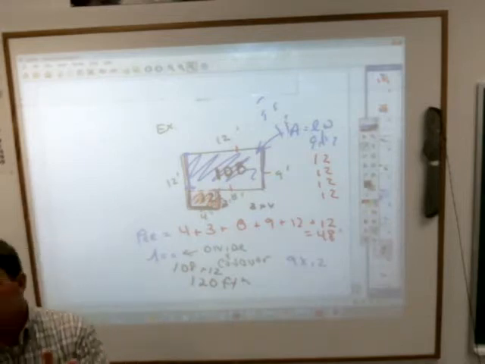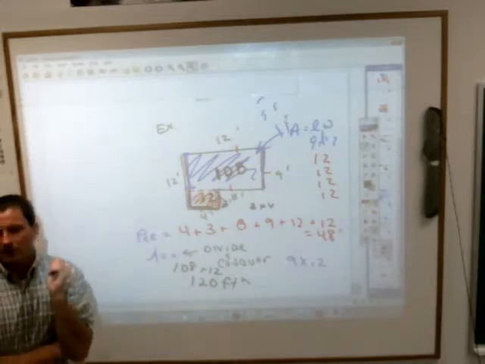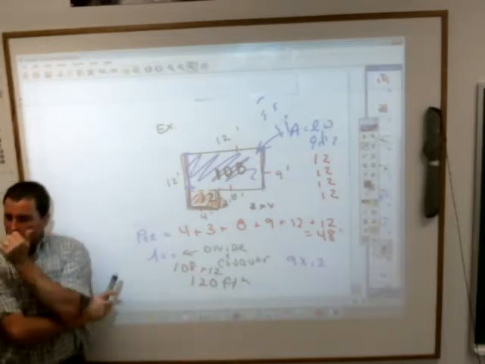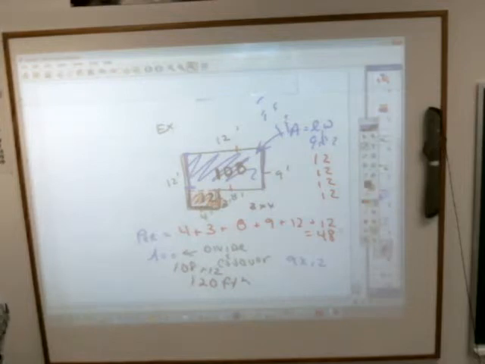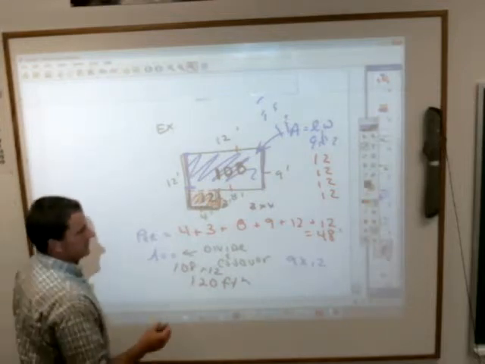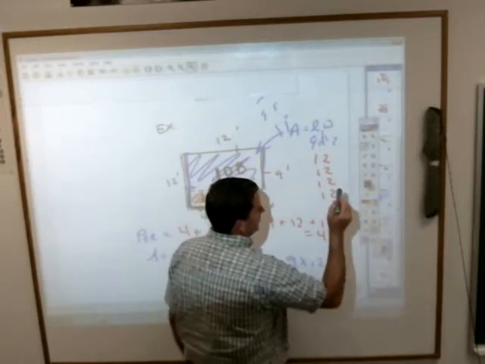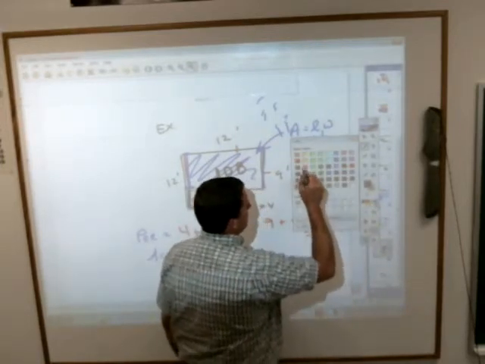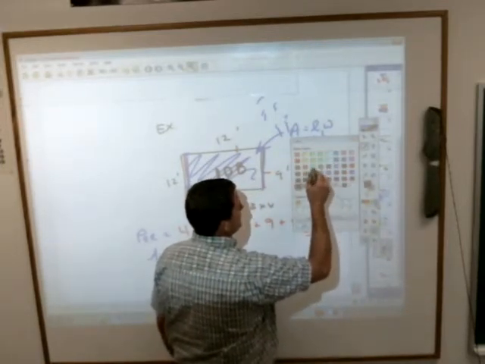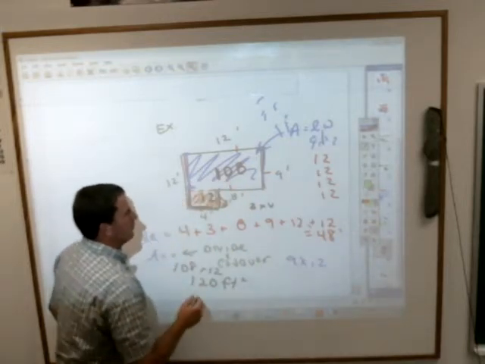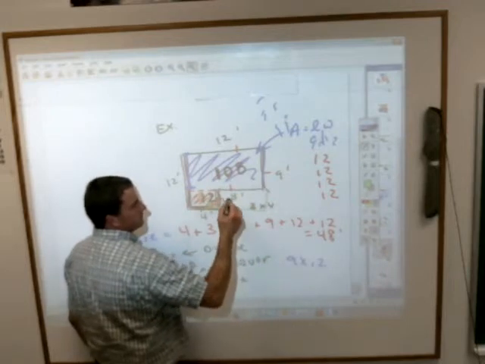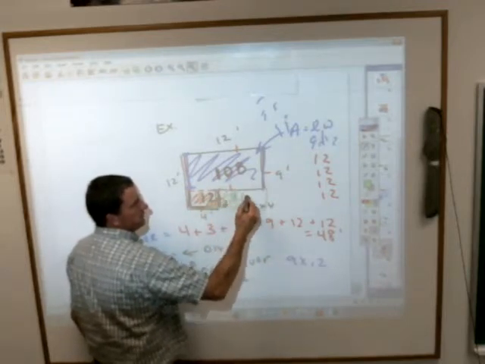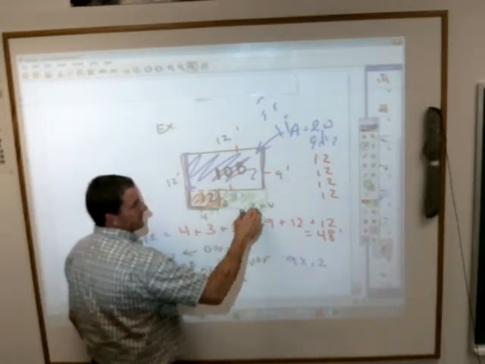Now, again, thinking on a little higher level, because in math there's a lot of different ways to do a problem here. Any other way I could have found the area to this one that may have been a little quicker? Because you could use this method as well. Nobody? Here's another way that you could have done it that might be a little faster. You could have thought of this thing as actually being a great big block, and then just remove the area of the piece that's not there.